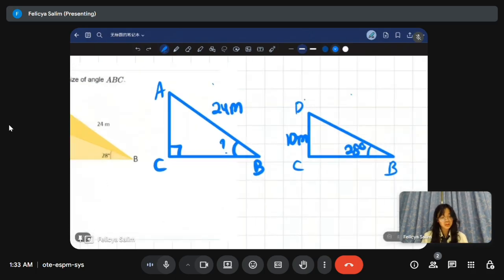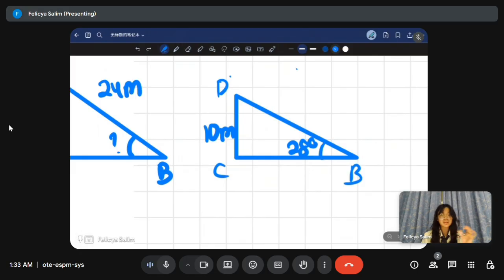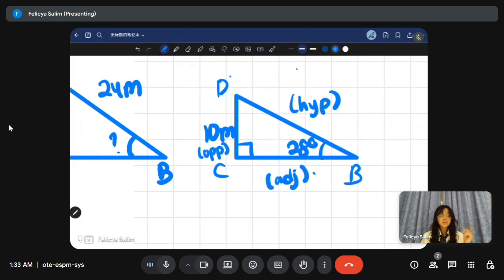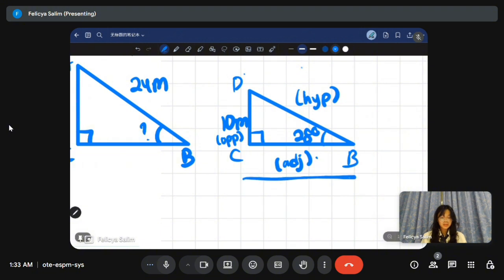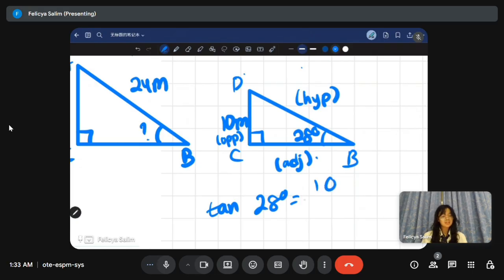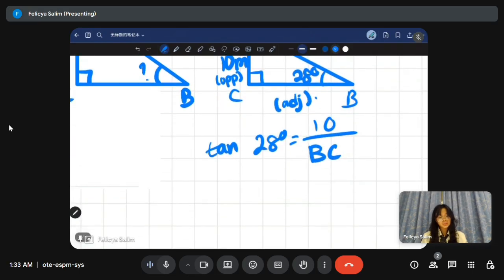How we're going to do that is we're going to look in this triangle here first, in triangle DBC. Let's identify the triangles again. This one is the hypotenuse, this one is the opposite, and this one is the adjacent. Since we're going to need to find BC here, we're going to need to use tan. Tan 28 degrees equals the opposite, 10, divided by BC.